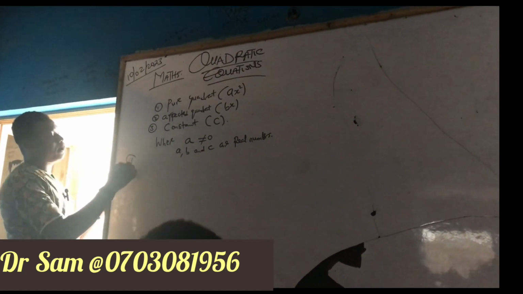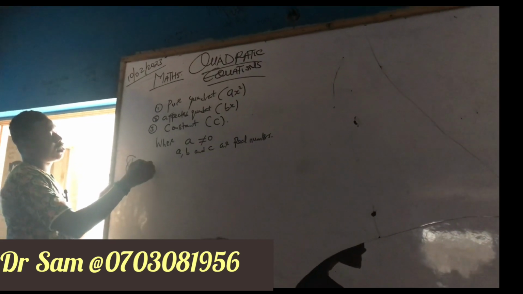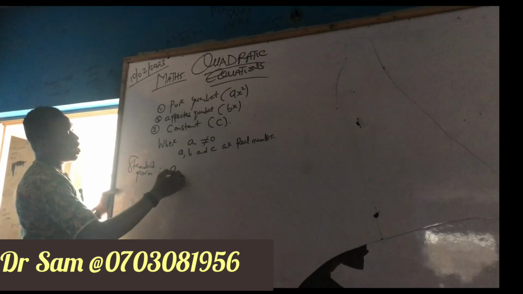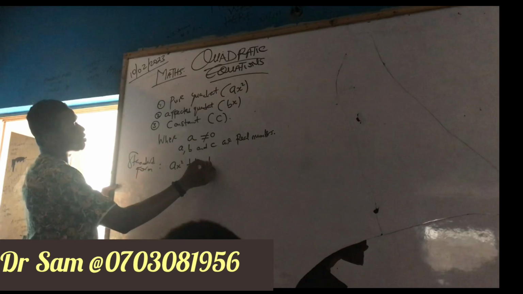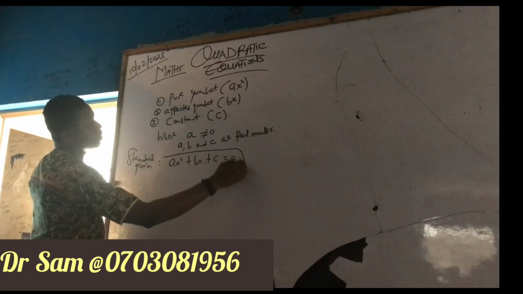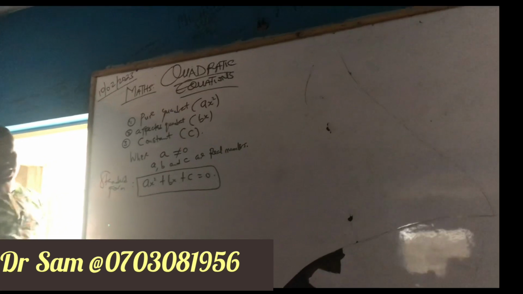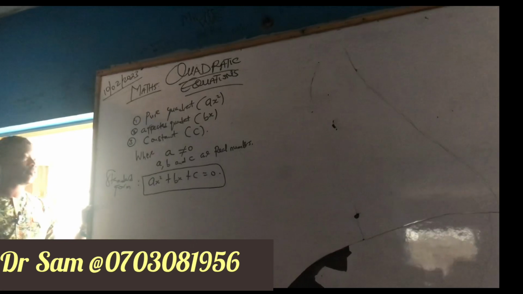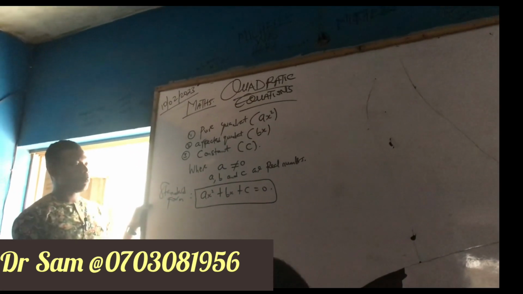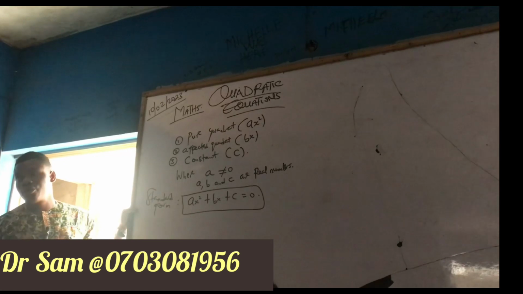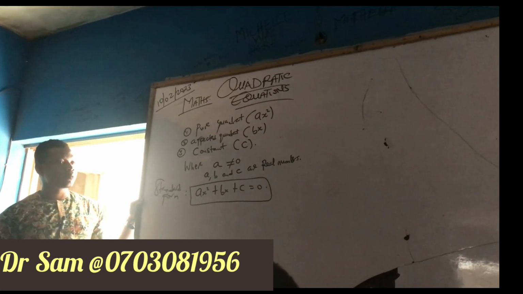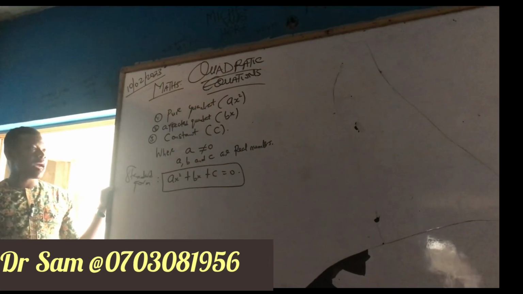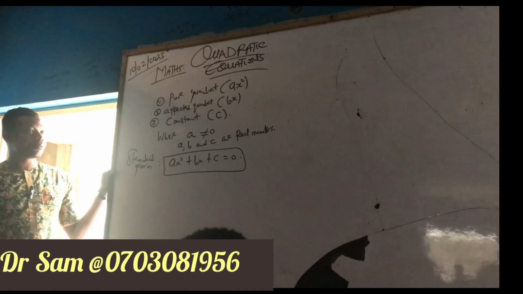The standard form of a quadratic equation must be in this nature: ax squared plus bx plus c equals 0, where a, b, and c are all real numbers.